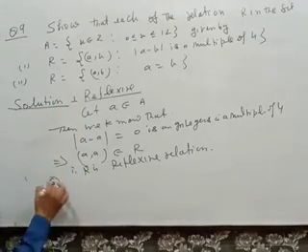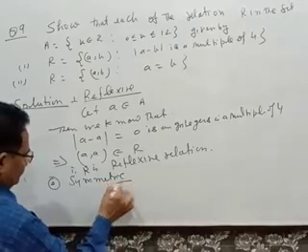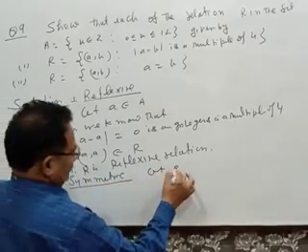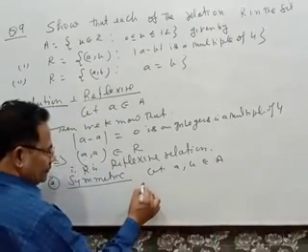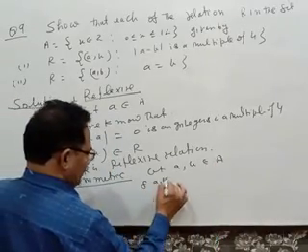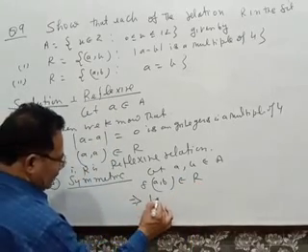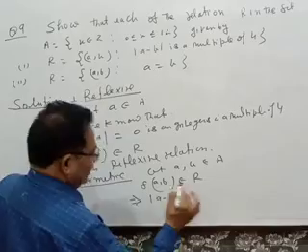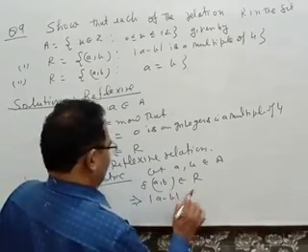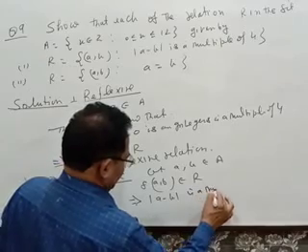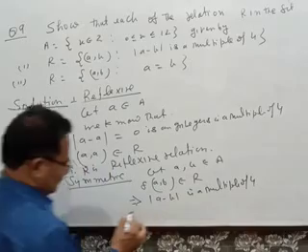Second point, symmetric. Let a, b belong to A and (a, b) belong to R. This implies that mod of a minus b is a multiple of 4.